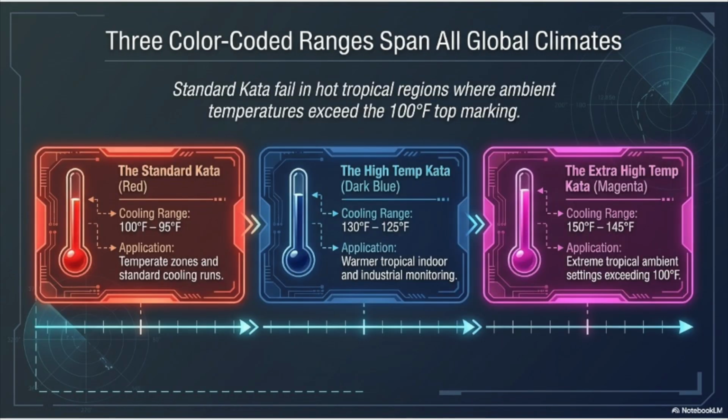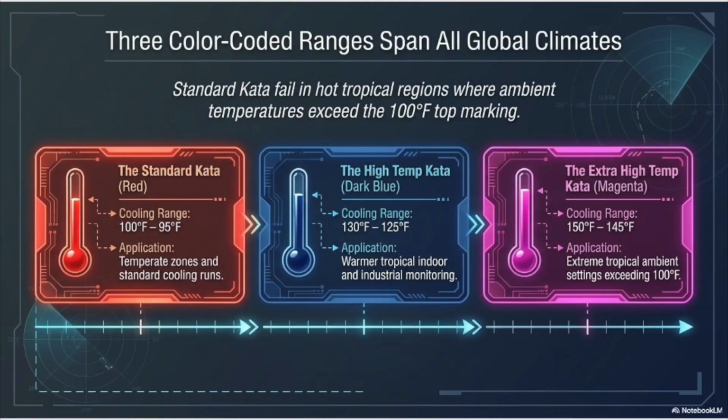Since standard kata thermometers fail in hot tropical regions where ambient temperatures exceed the 100 degree Fahrenheit top marking, three color coded ranges were developed to span all global climates. The standard kata, marked in red, covers a cooling range of 100 to 95 degrees Fahrenheit and is used in temperate zones for standard cooling runs.